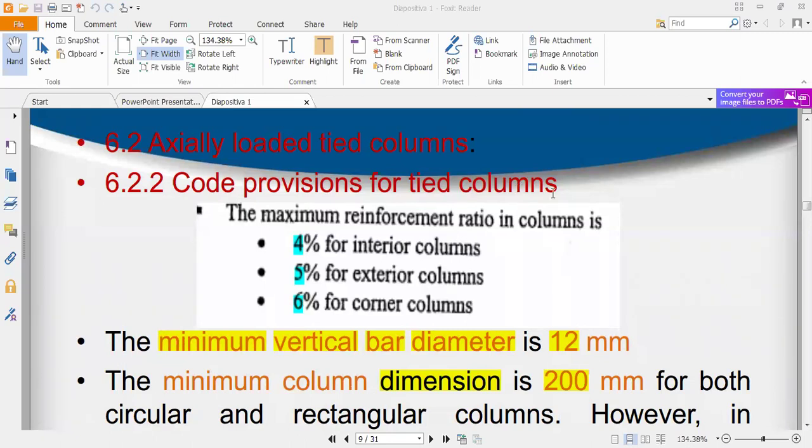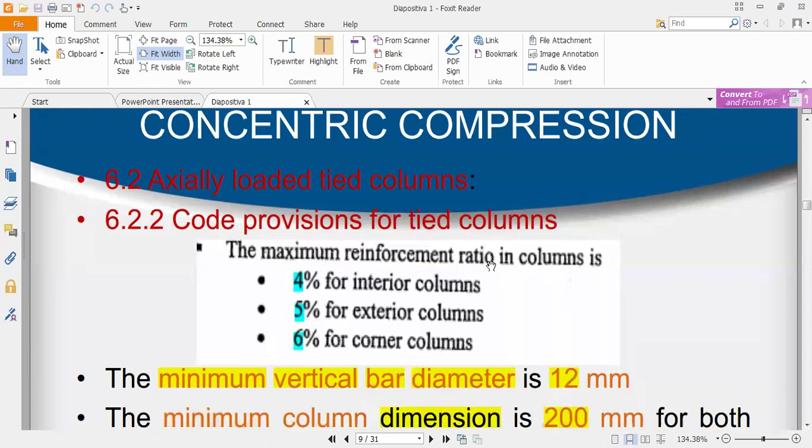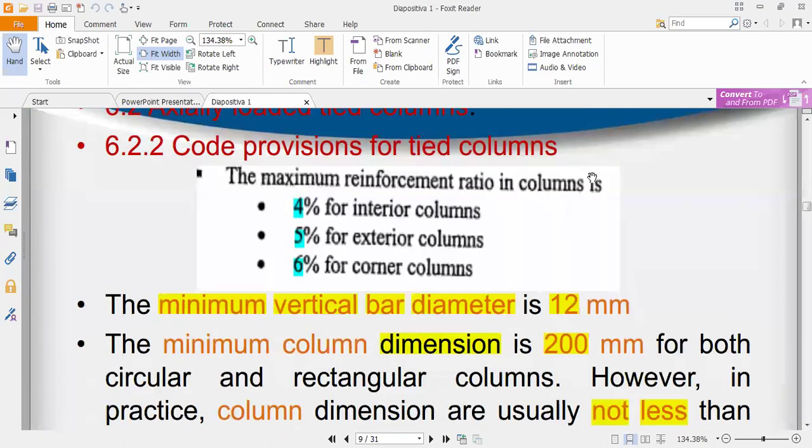I will concentrate on some points in our lectures. The first point I would like to refer to: we have a maximum reinforcement ratio and a minimum reinforcement ratio. This is important to understand.